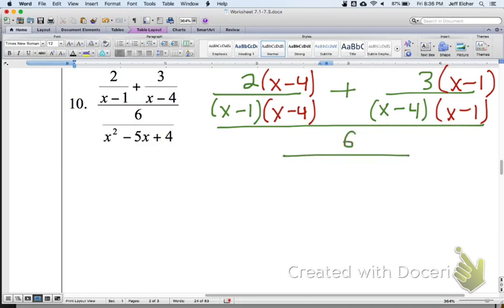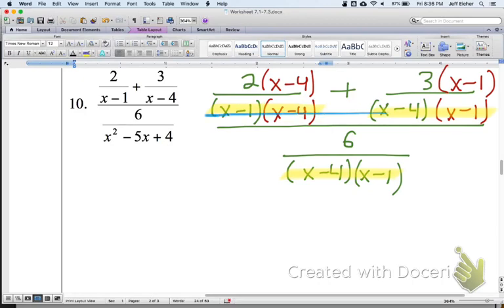On the denominator we got a 6, and we need a factor, that would be an x minus 4 and an x minus 1. And very conveniently, like we had, I think it was number 8 above, we have identical denominators.